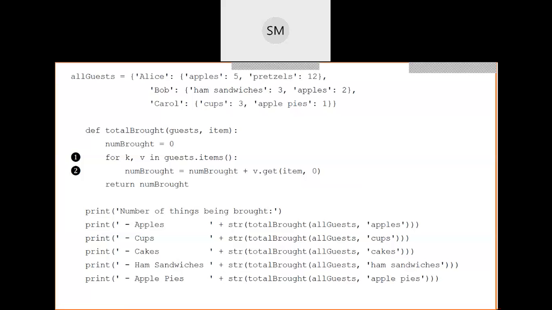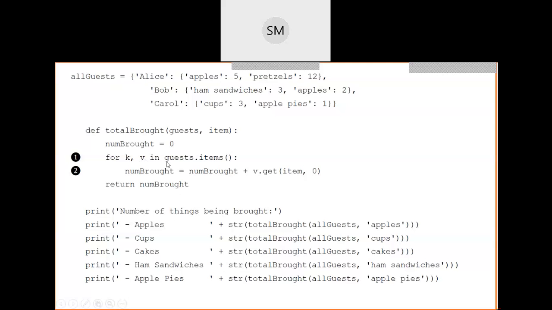Because number brought means how many items I brought and how many items my friend brought, that we want to store. So we are using one variable here, that is number brought. And inside this function we are using one for loop with two variables, that is k and v. I already told you what is k and v. k is key and v is value.